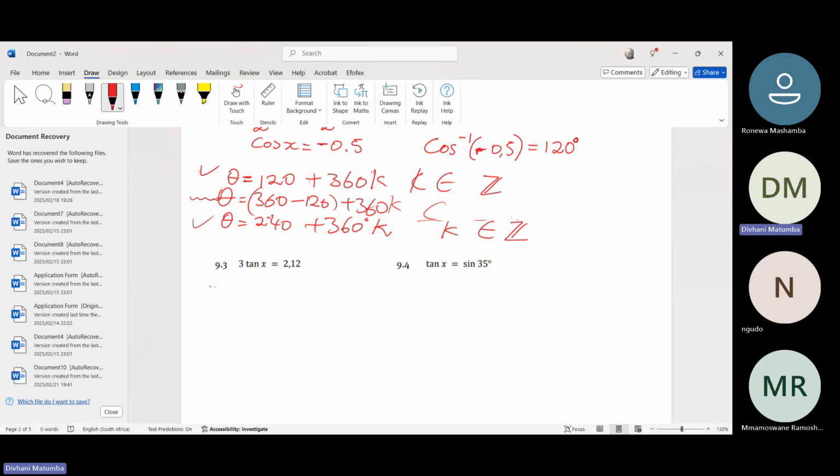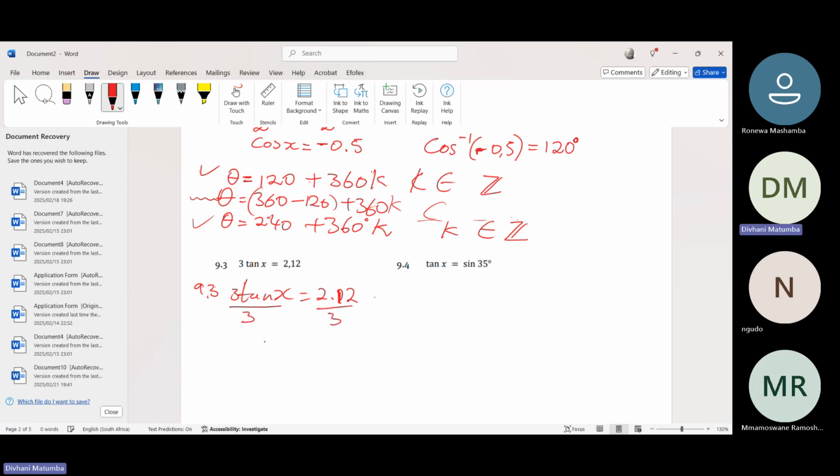We have 9.3, which is 3 tan x equals 2.12. Where do we start? You could start by dividing both sides by 3.